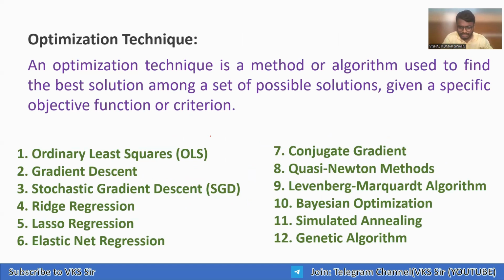These are the list of optimization techniques: ordinary least squares, gradient descent, stochastic gradient descent, ridge regression, lasso regression, elastic net regression, conjugate gradient, Newton method, LM algorithm, Bayesian optimization, simulated annealing, and genetic algorithm.